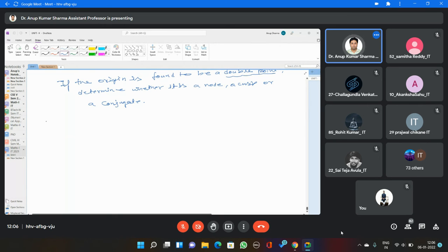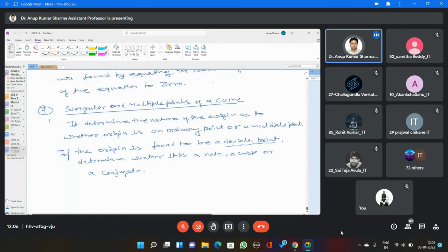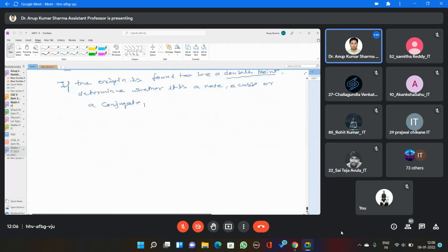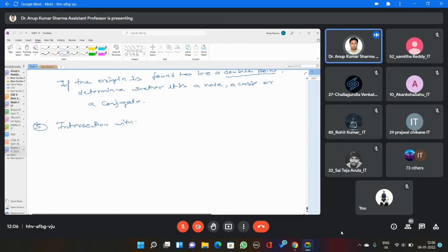Now we are coming to the next, the fifth one. Fifth one is intersection with coordinate axes.